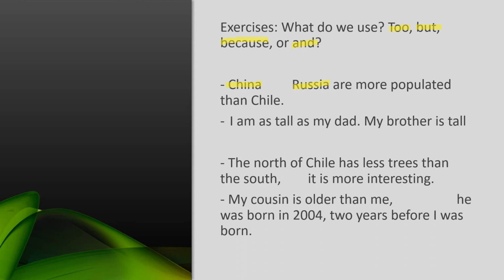No, because too goes at the end of a sentence, and here we need something in the middle. We have two elements, China and Russia, and when we had two elements, we had to write and. China and Russia are more populated than Chile.